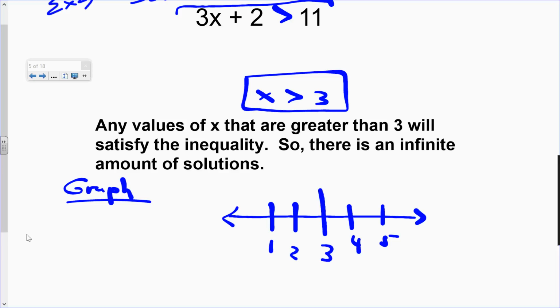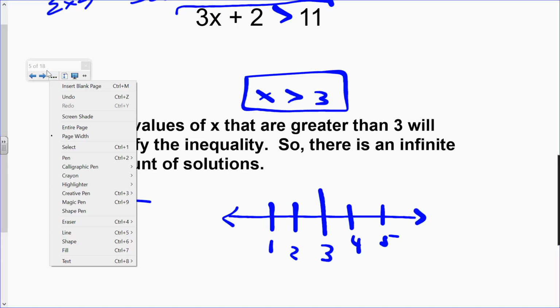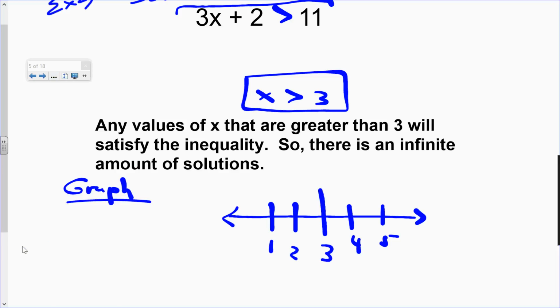You don't have to write this down, but watch me do it. 3 times 3 plus 2, is that greater than 11? Let's see if that satisfies. So 9 plus 2 is 11. Is 11 greater than 11? 11 is not greater than 11. 11 is equal to 11, but not bigger than 11. So 3 does not satisfy this.